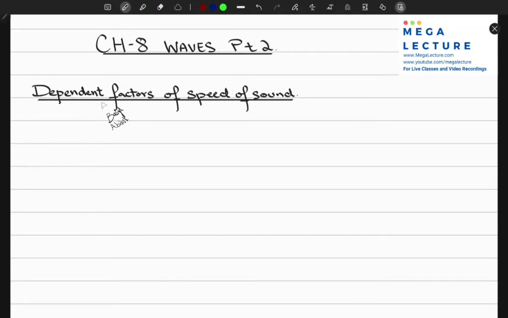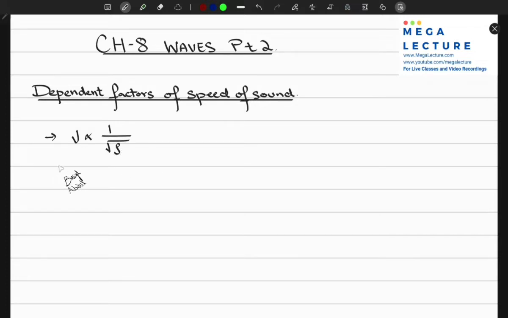So let's continue by listing some of the factors on which the speed of sound depends. At first, the speed of sound, let's denote it by V, depends inversely on the square root of the density of the material.